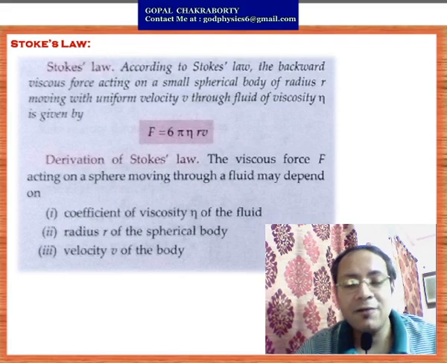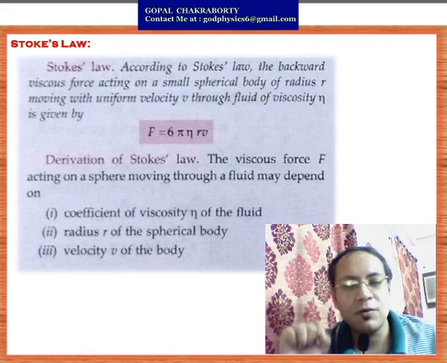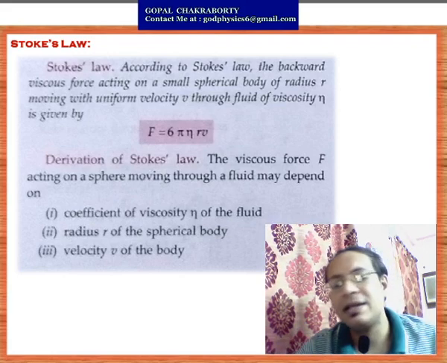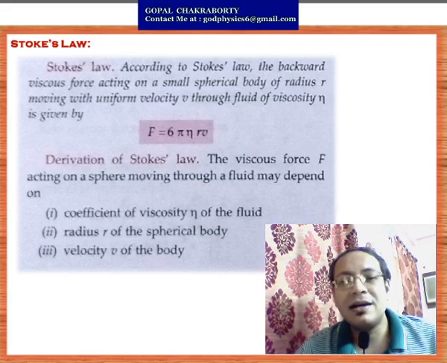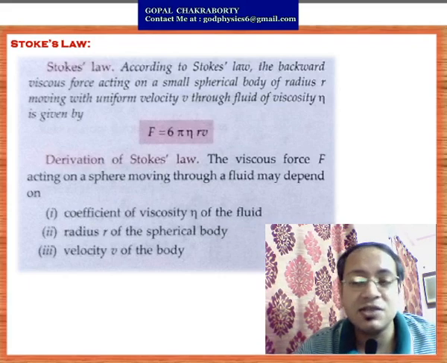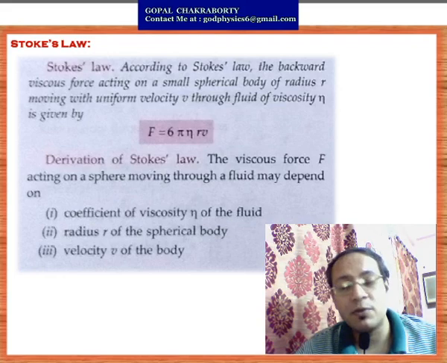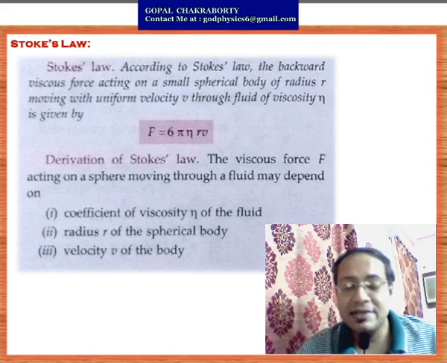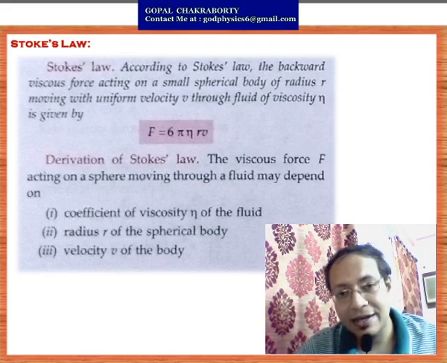So as per dimensional analysis, you can write F is directly proportional to eta, r and v.